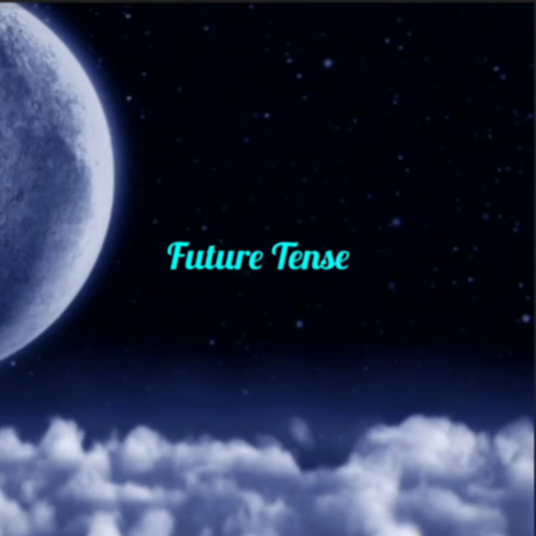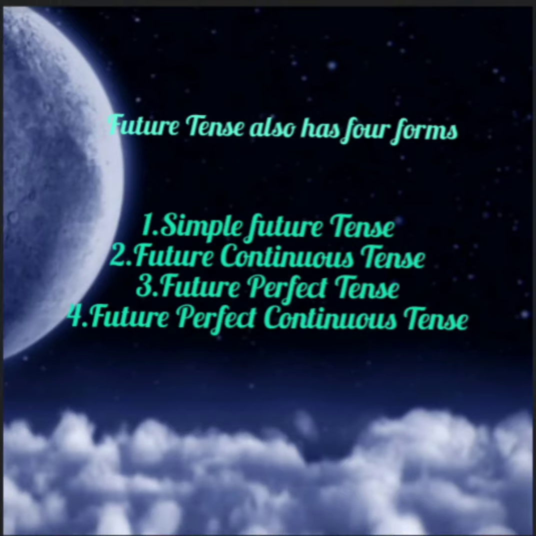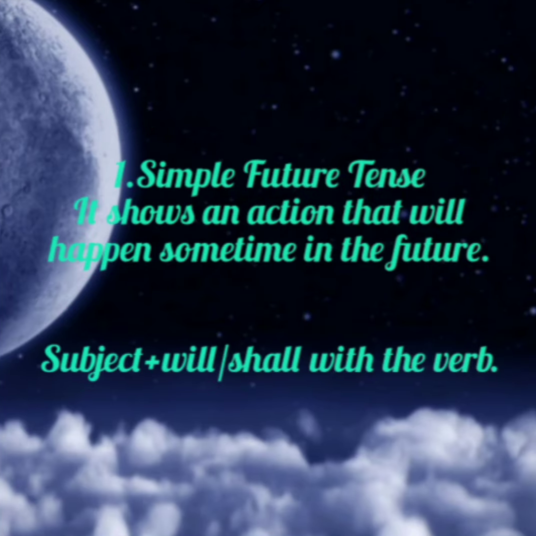The next one is future tense. Future tense also has 4 forms: simple future tense, future continuous tense, future perfect tense, and future perfect continuous tense. First one is simple future tense. Simple future tense shows an action that will happen sometime in the future time.